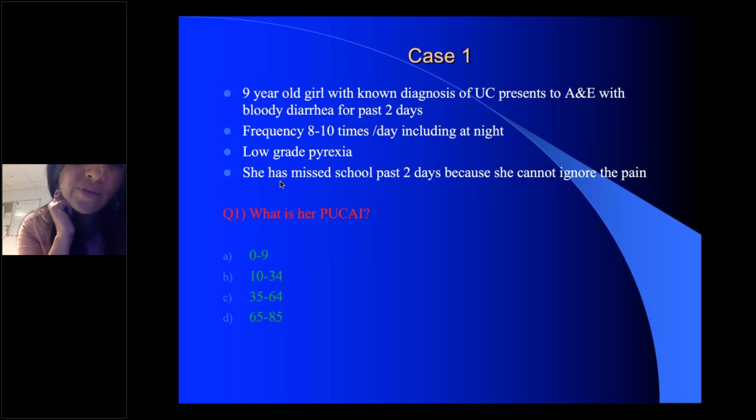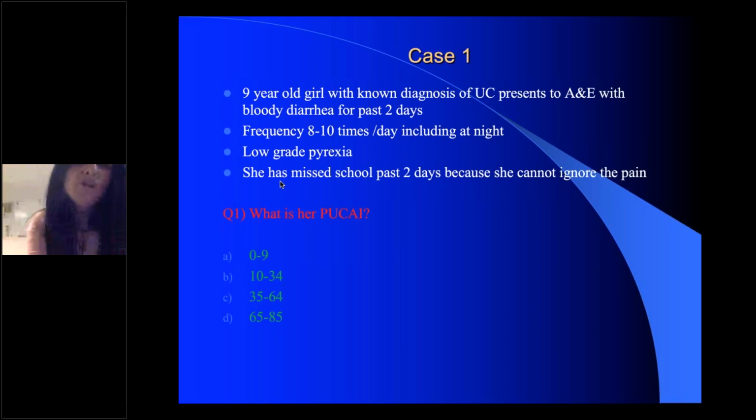The fact that she's going at night, she would score another 10. The fact that she's going more than 8 times a day, another 10. She's also got interference with daily activities, that's another 10. So this is a really severe case of ulcerative colitis, and so the answer to this is D.